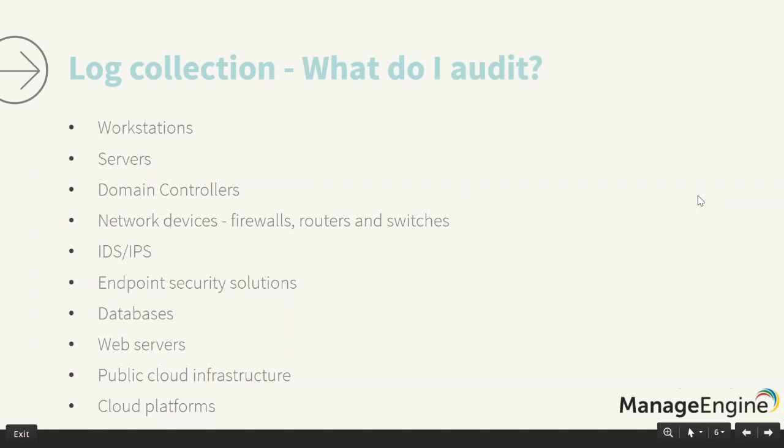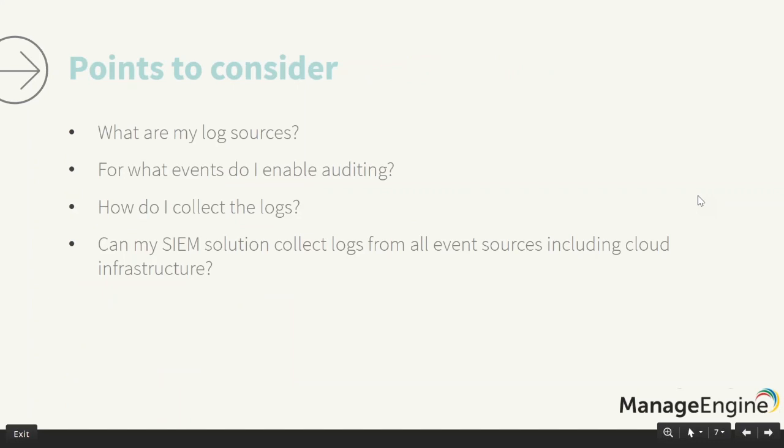Right. Make a count. You have, say, 200 workstations, 10 domain controllers, X number of firewalls, X number of routers and switches. So make a list of all of these things because this is very important to really know what you have in your environment and exactly from what machines you want to be getting event data from. Right. So this is one aspect.